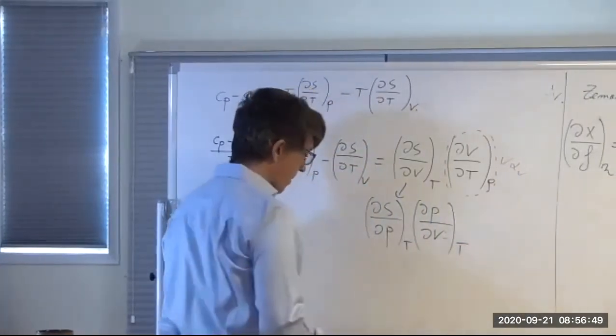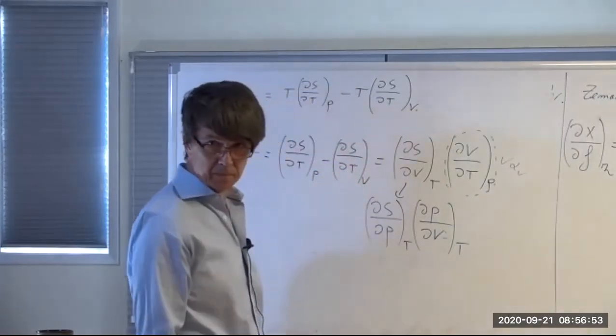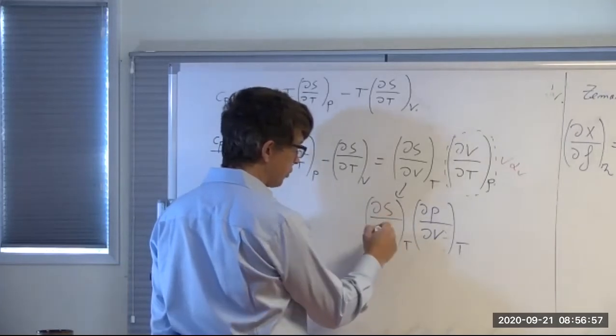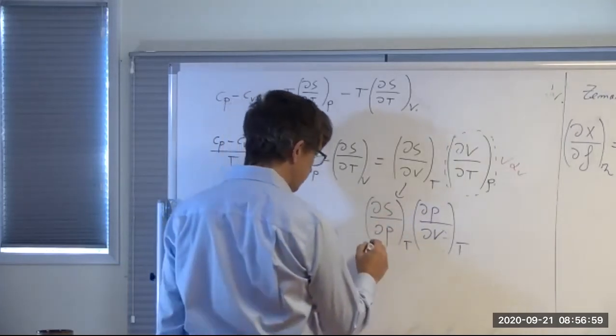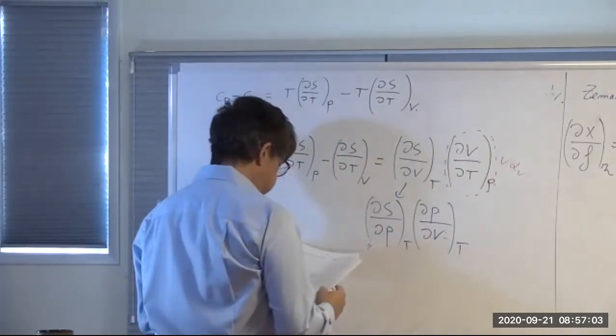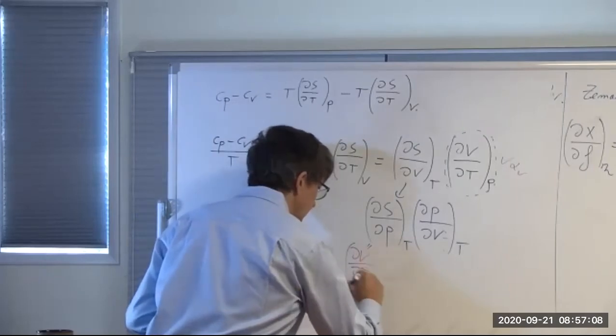Because this, through a Maxwell relation, will give you another thermal expansion. Right? This guy here is going to give me dV dt at constant P.